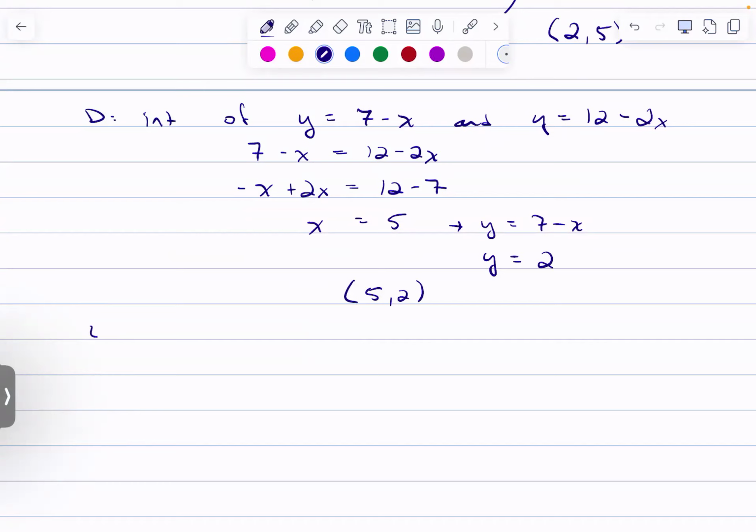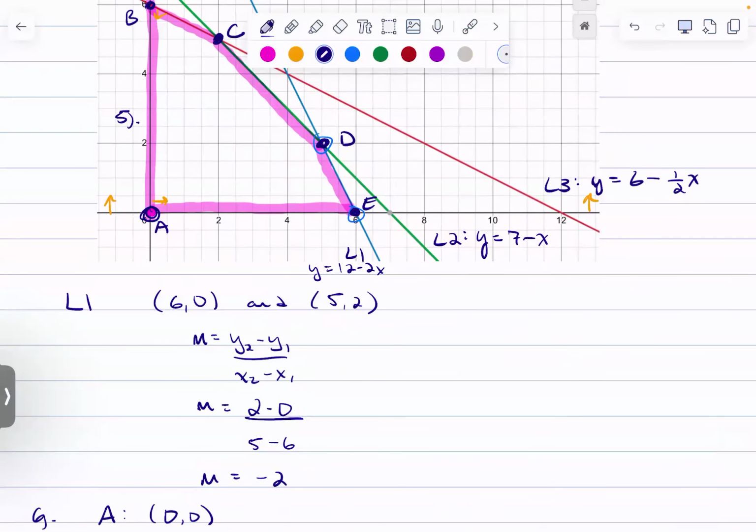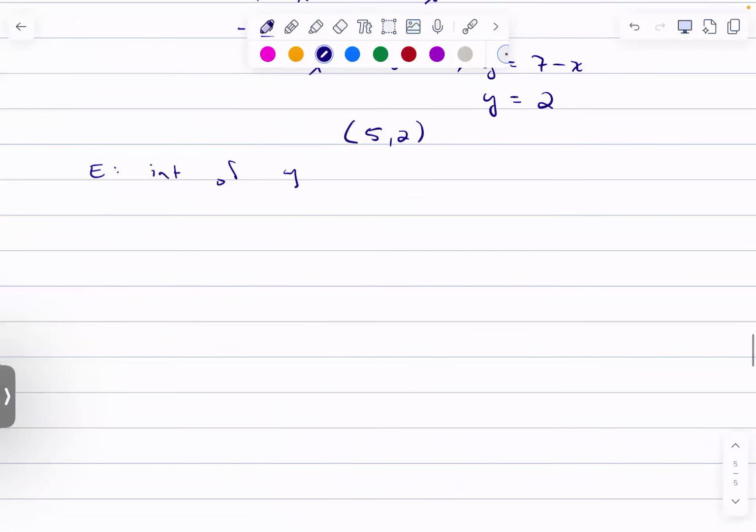And then finally, E is the intersection of the blue line, y equals 12 minus 2x, and y equals 0. Which means that 0 is 12 minus 2x. Solving for x, I get 2x is equal to 12, so x must be 6, putting my point at 6, 0.